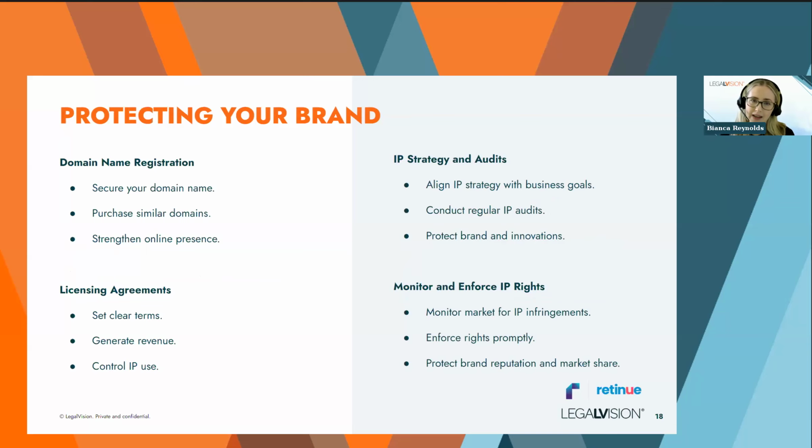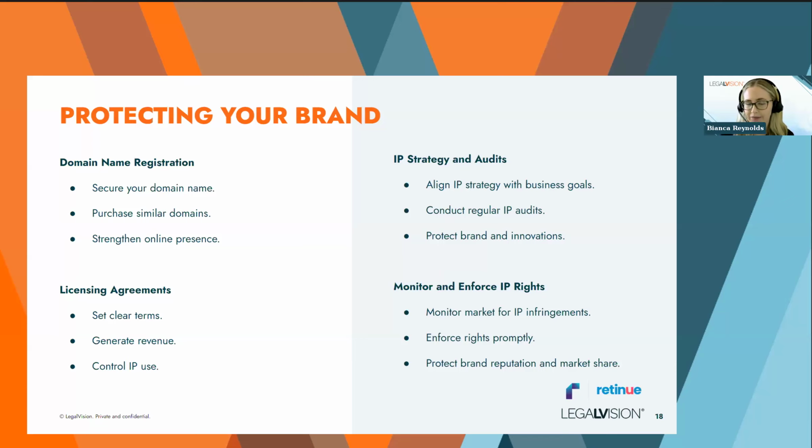And a few other intellectual property protections here as well. So securing your domain name, making sure that you build a strong online presence for your brand, particularly in this day and age. If you license your IP to others, have a licensing agreement in place, ensure that it's clear how your IP can be used, make sure you have control over that, and developing a comprehensive IP strategy and audit process.